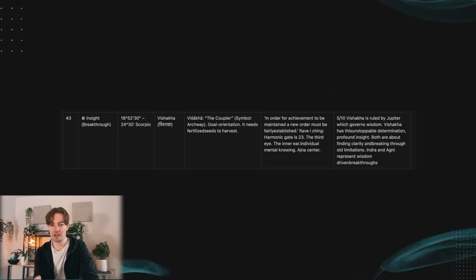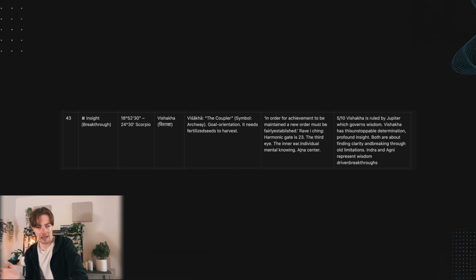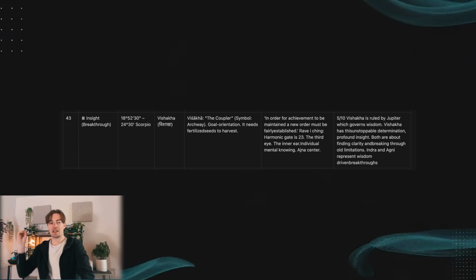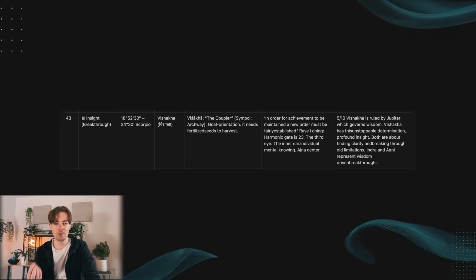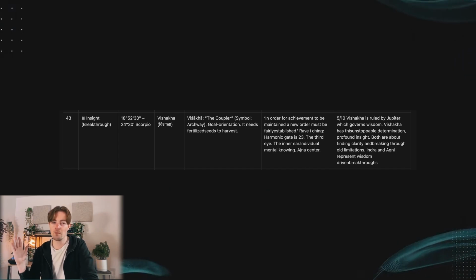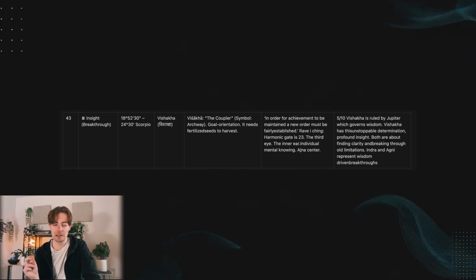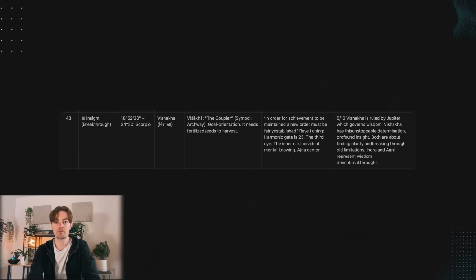Indra and Agni represent wisdom-driven breakthroughs. So there's a light link here. Sense of mental insight and wisdom and breaking through something. Whereas Vishakha is ruled by Jupiter, the planet of wisdom, and it's goal-oriented. So it's trying to break through. So I think there's a good, strong enough 5 out of 10 link. I won't push it too far.